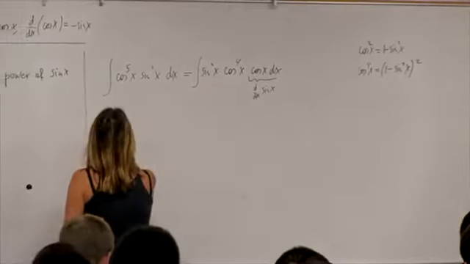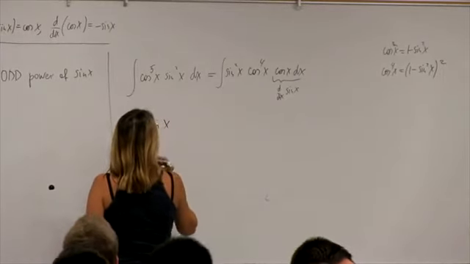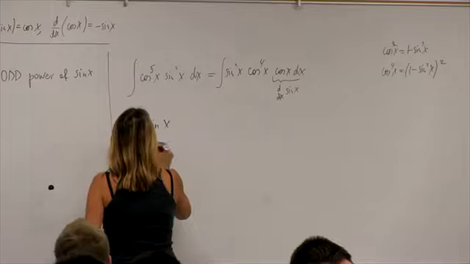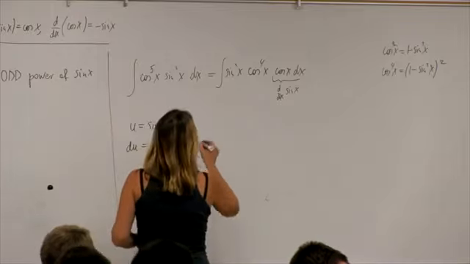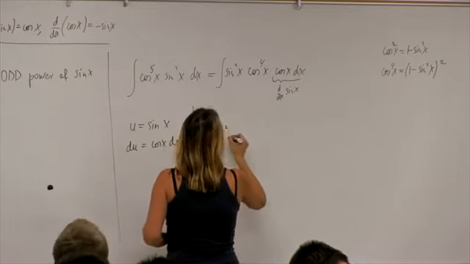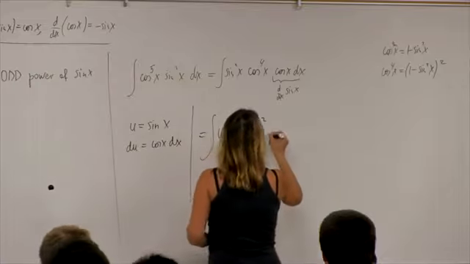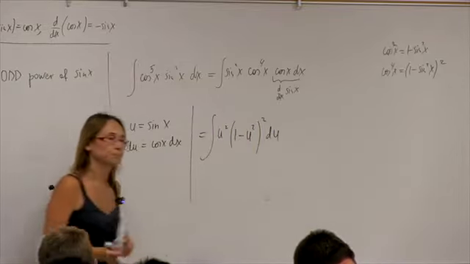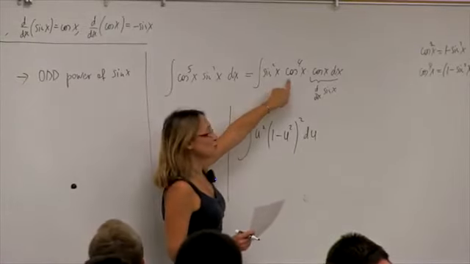So I use a substitution: u equals sine x. du is cosine x dx. And I rewrite this expression as follows: u squared, then I have 1 minus u squared, squared, du.